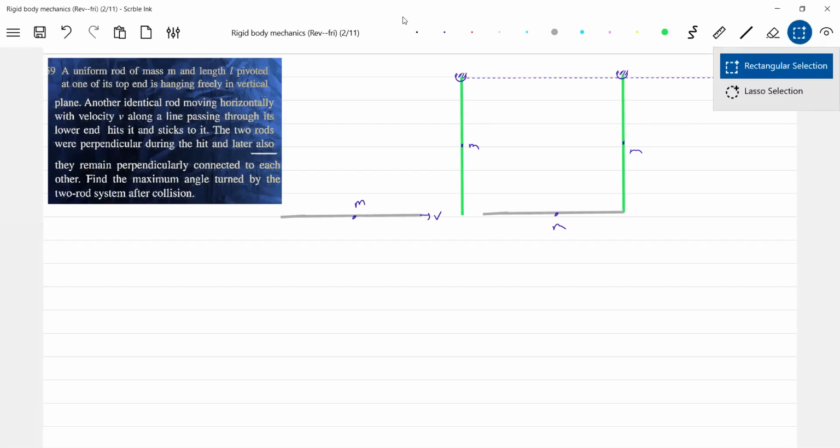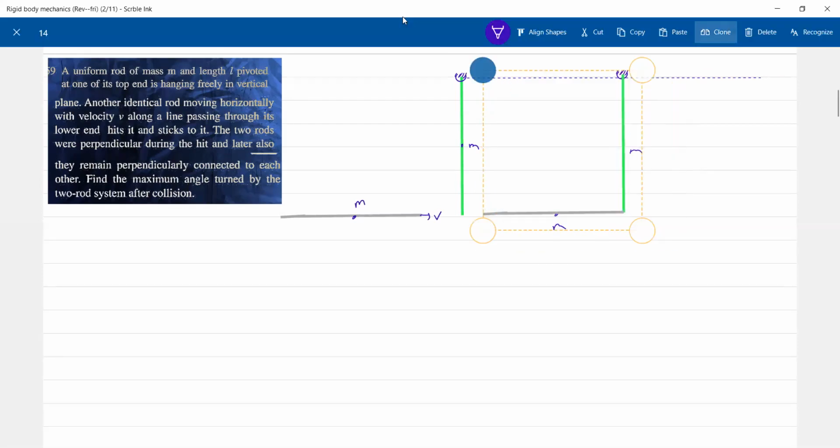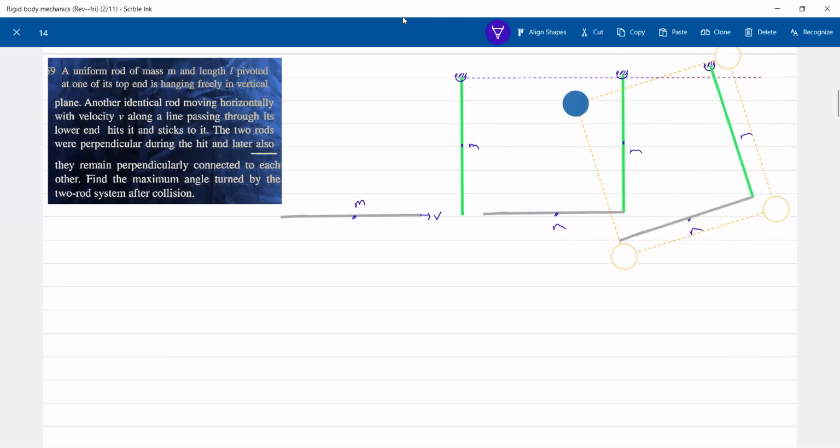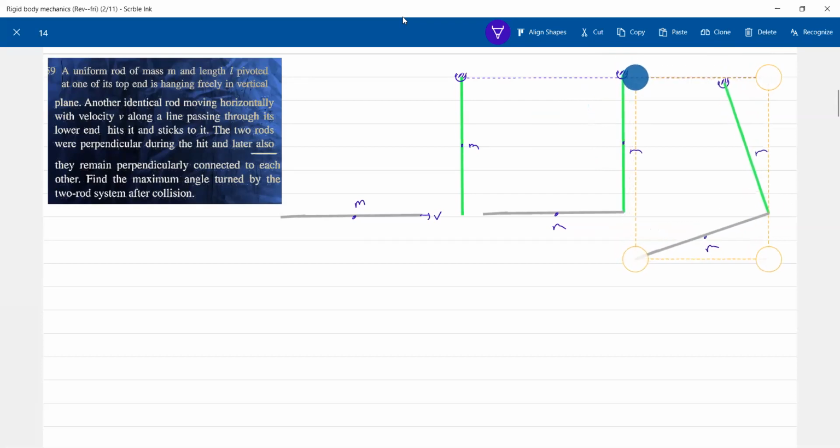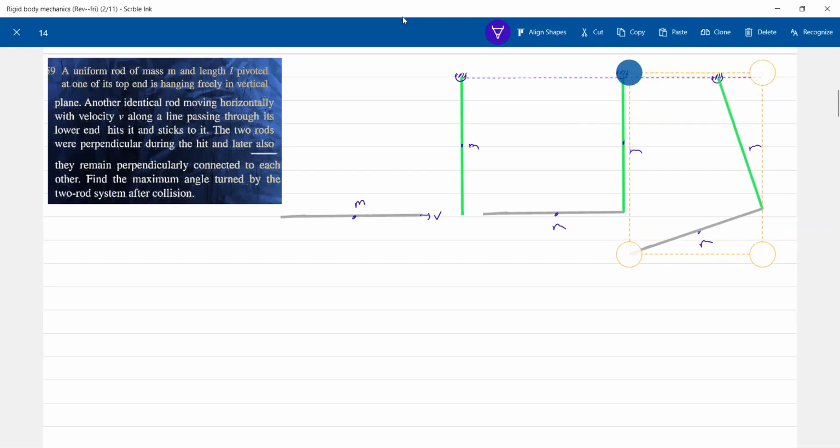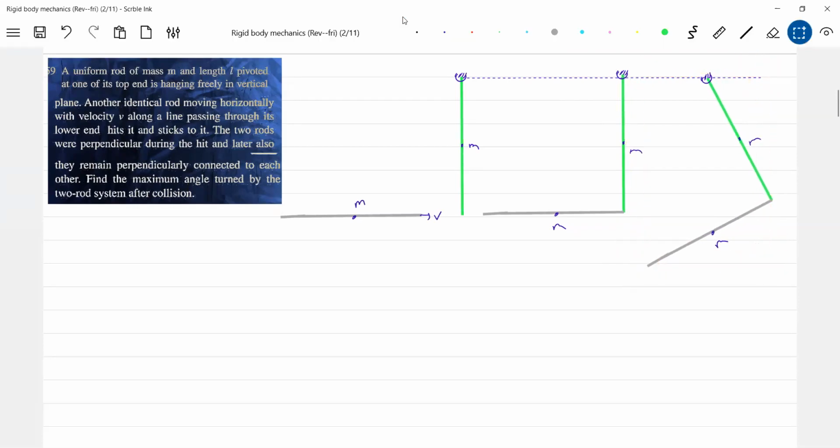What is the maximum angle subtended? From my side, I'm helping you this much.